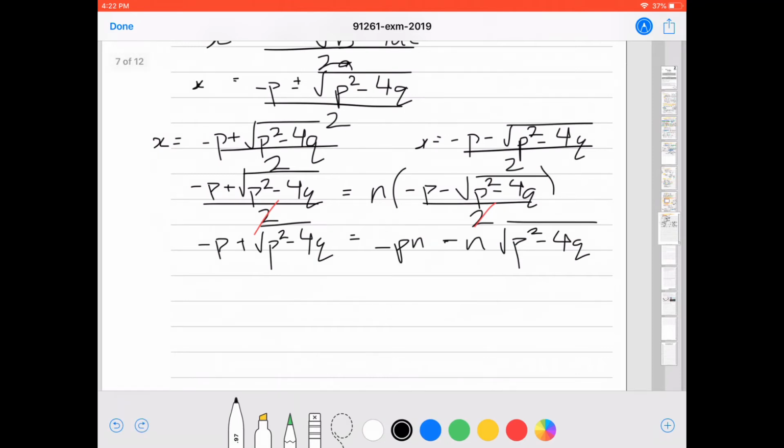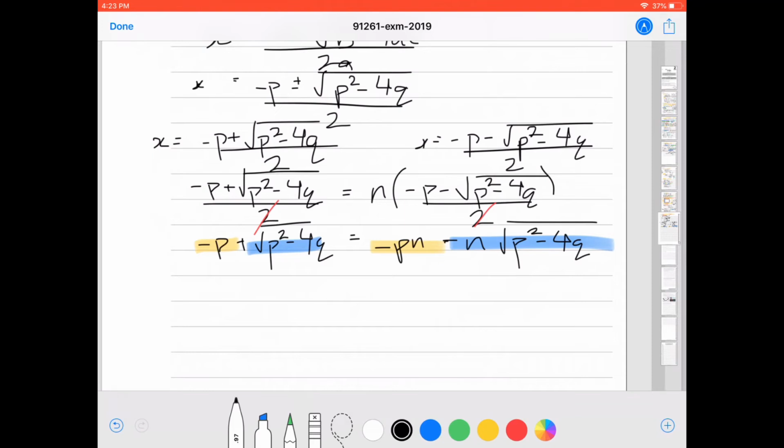Okay, so we've got this equation here. You'll notice that we've got some basically similar terms. So we've got this minus p and minus pn, and we've got the root p squared minus 4q. And so let's bring these similar terms to the same side.